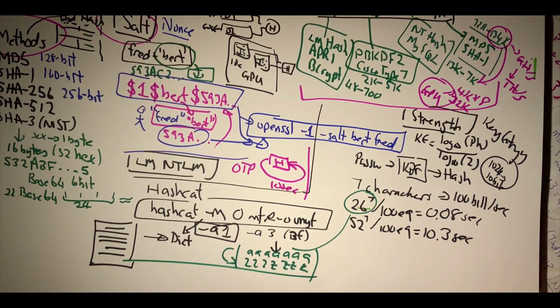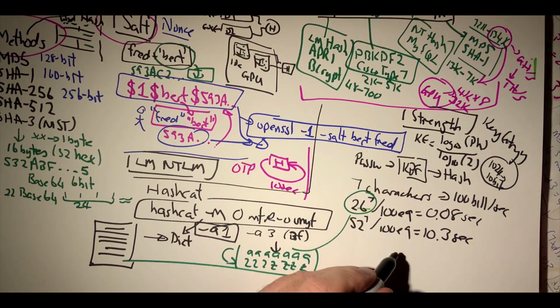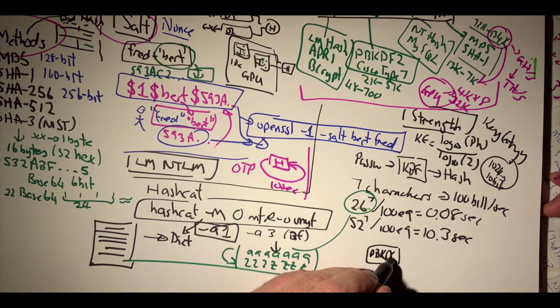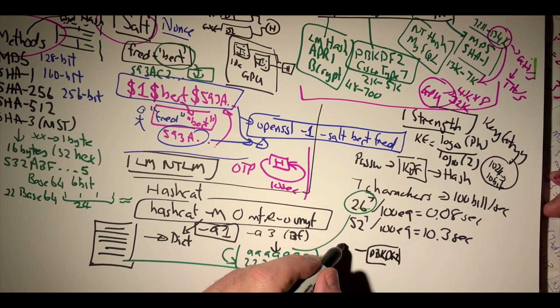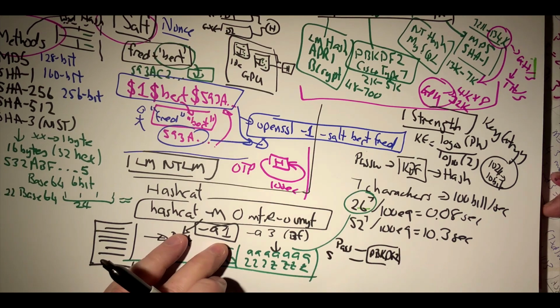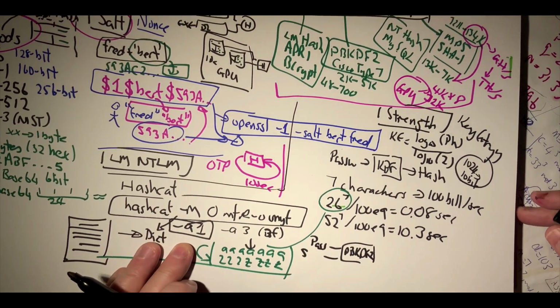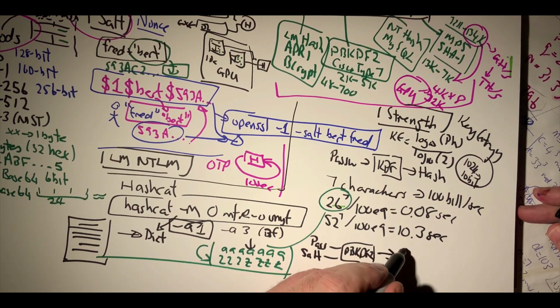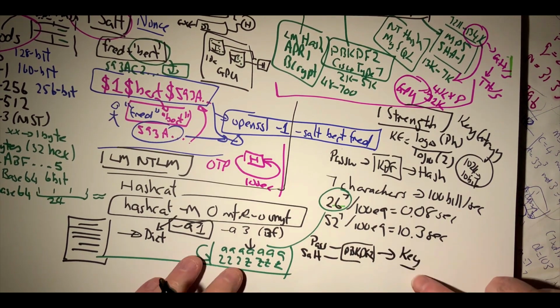One last little thing is that when we use PBKDF2, we input a password and we input a salt value, and then out will come a key.